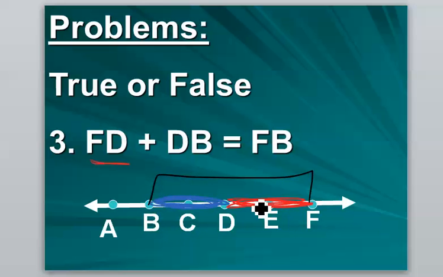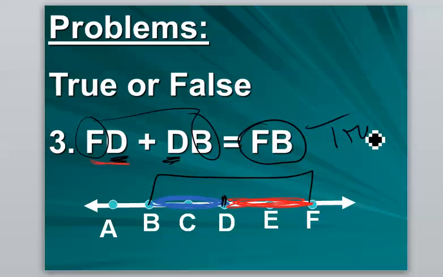So we're going to look at those two added together. There's no gaps, there's no overlaps. Another thing you can look for is there should be a letter that repeats. That's where the first segment stops and the second one begins. And then it's the outside letters, taking away the repeating one, that gives you this entire segment. So there's some shortcuts. This one is also true. If I add those two up, I get the whole length from F to B.